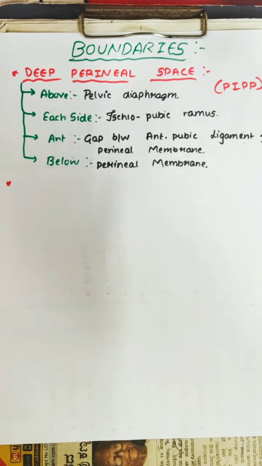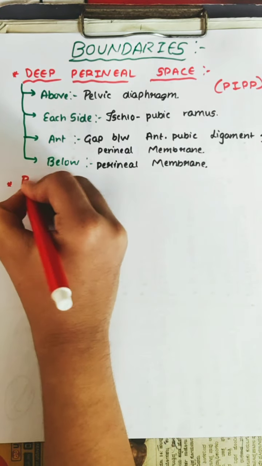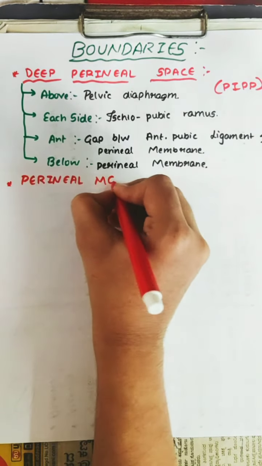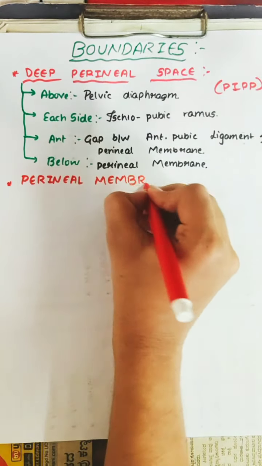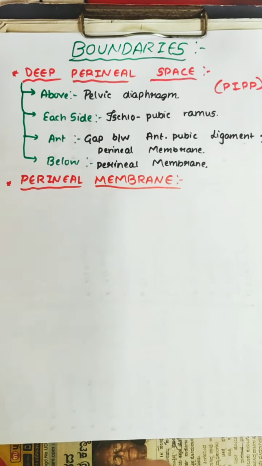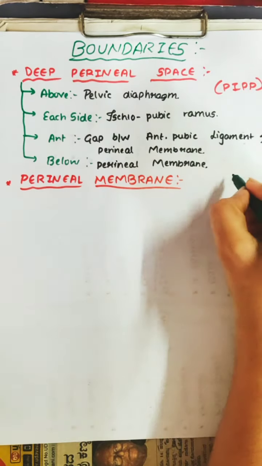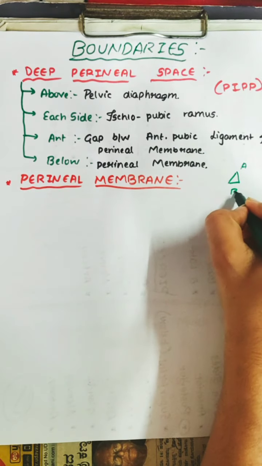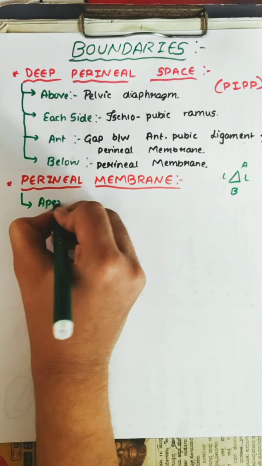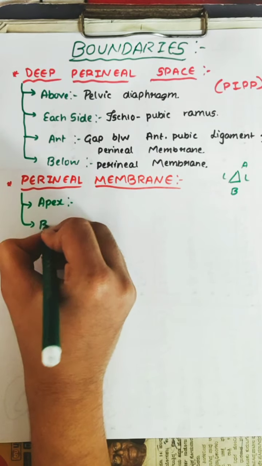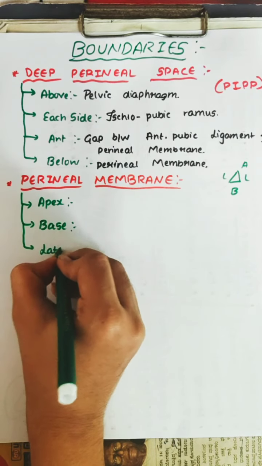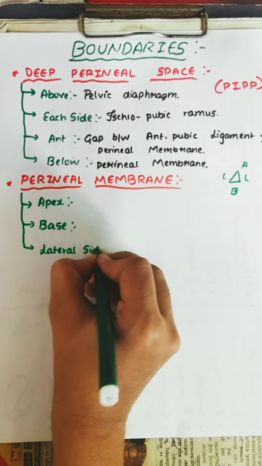So the second one is the perineal membrane. As I said, it looks like a triangle with the apex upwards, the base downwards and two lateral sides. So it has an apex, a base as well as lateral sides.